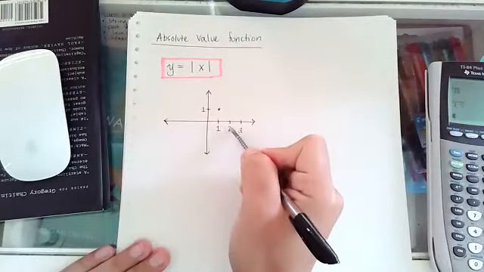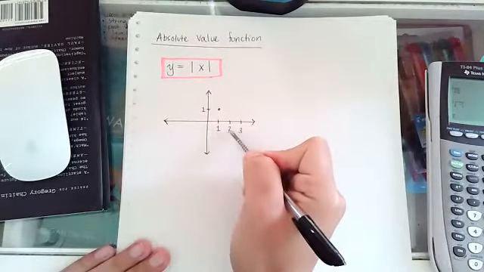If I put the input of 2 into the absolute value function, then the absolute value of 2 should just be 2. So I get this point at the location 2, 2. Same thing with 3. The absolute value of 3 is just 3. So I'd be up here at 3.